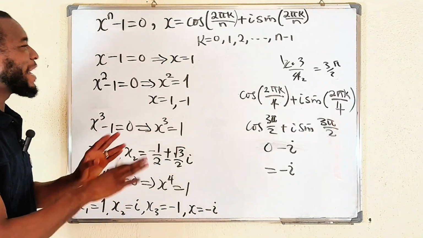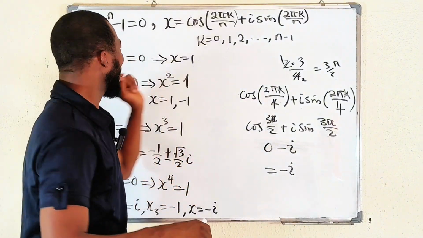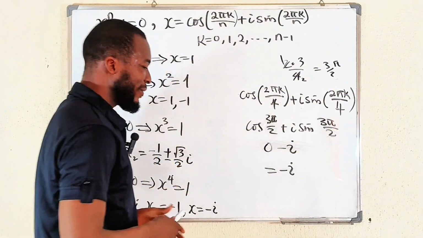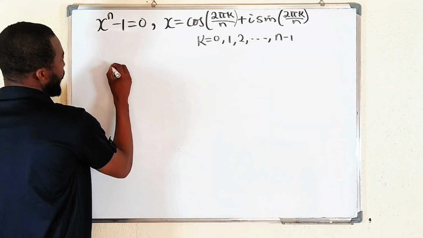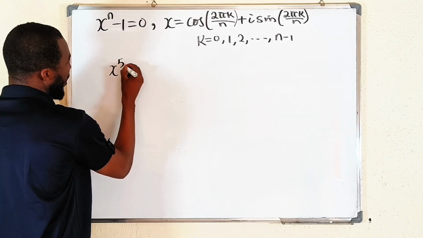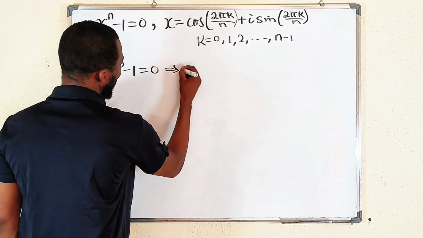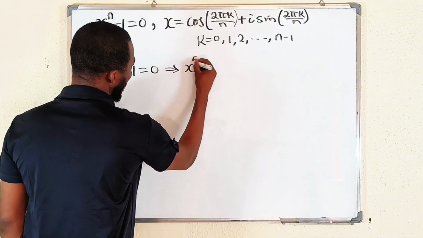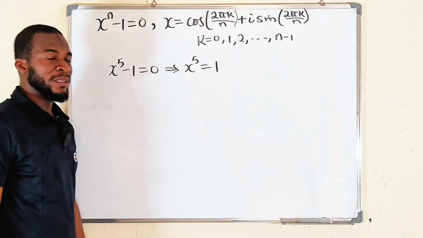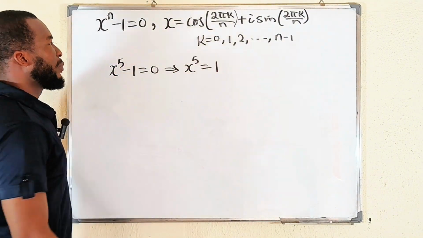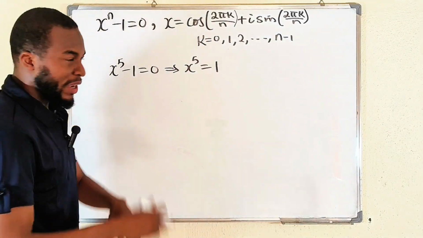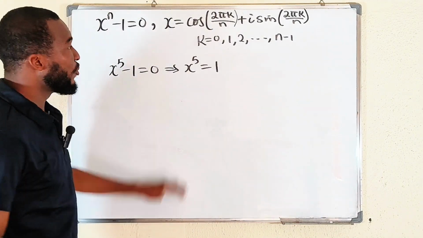Now, back to the main equation, which is x to the power of 5. When we have x to the power of 5 minus 1 equal to 0, it implies that x to the power of 5 is equal to 1. Let's plug everything in. This time around, I'm going to write everything because this is our main equation.